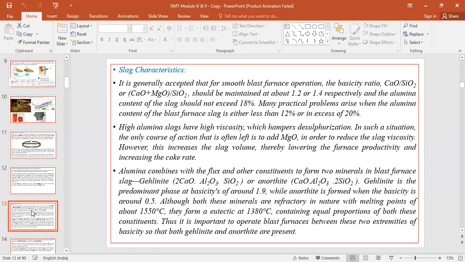To overcome this, we need to add a huge quantity of fluxes to make these slags highly fluid. So the flux consumption increases, and ultimately the slag volume generated inside the blast furnace also increases, and that will certainly hamper the productivity of the blast furnace.